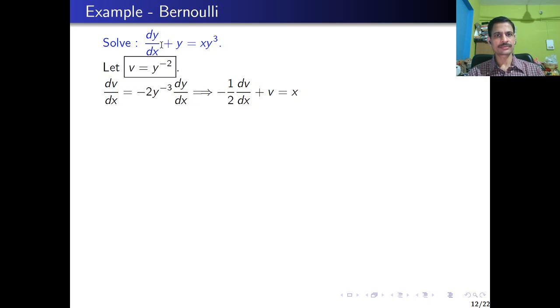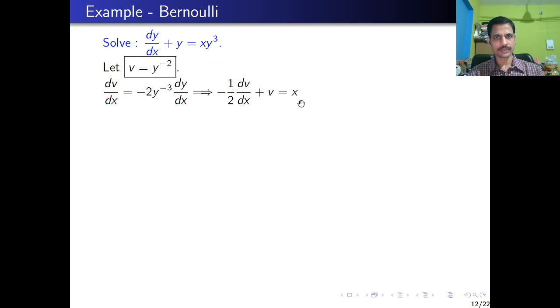So we can rearrange the terms and we can substitute in this differential equation. So in place of dy by dx, we can write minus 1 by 2 y cube dv by dx. And then we can divide the entire differential equation by y cube.